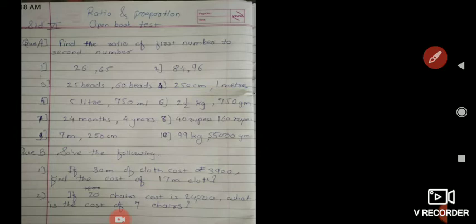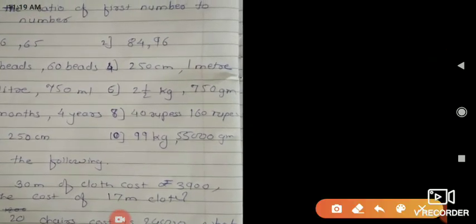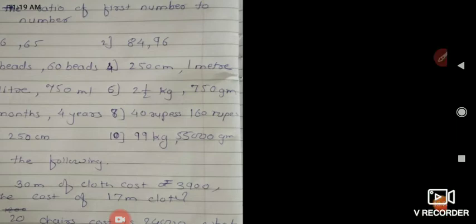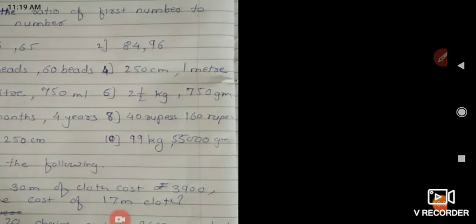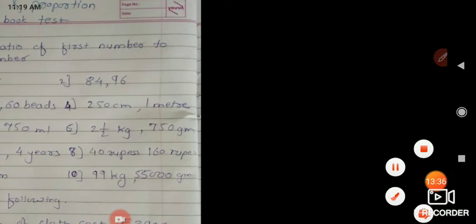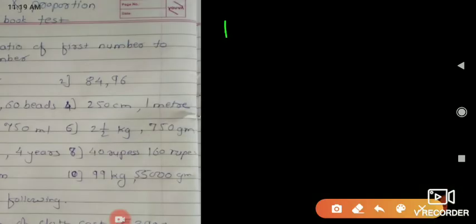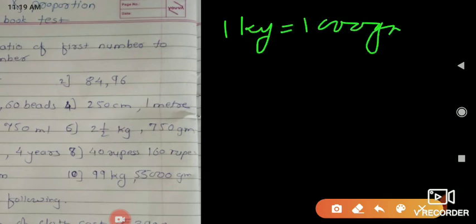Now the last example is 99 kg to the 55,000 gram. So 1 kg is equal to how much? Tell me now. 1 kg is equal to 1000 grams.